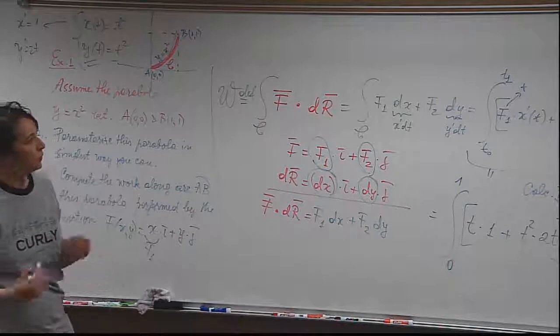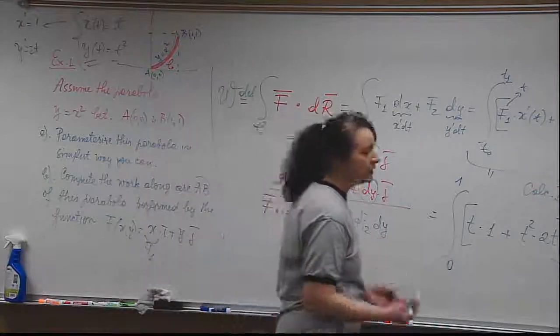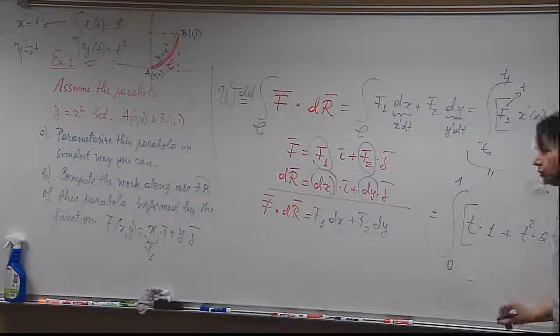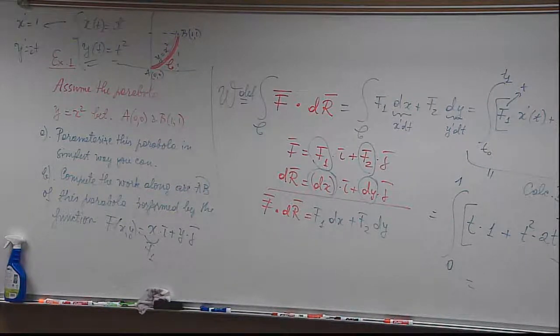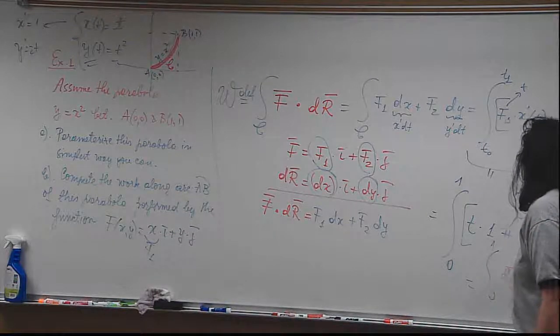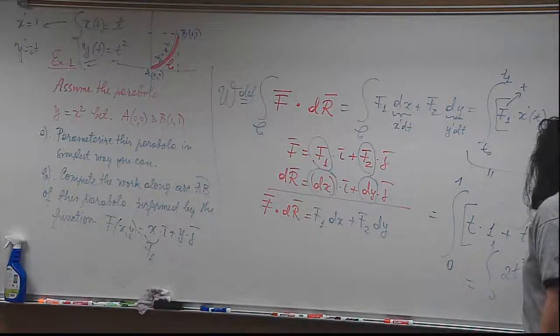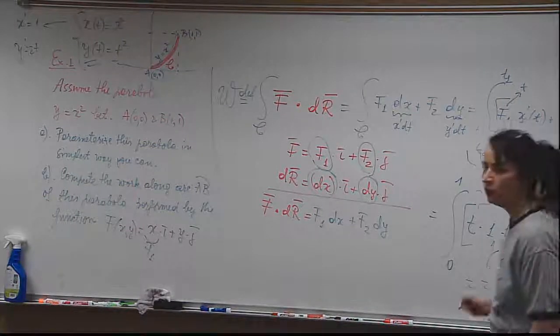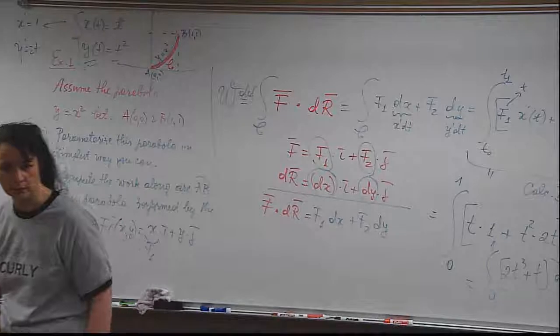So that's how I compute this path integral. Is it hard? No, because it's just a simple integral from calculus 1. So I have to integrate what function? A polynomial. 2t cubed plus t with respect to t between time 0 and time 1.